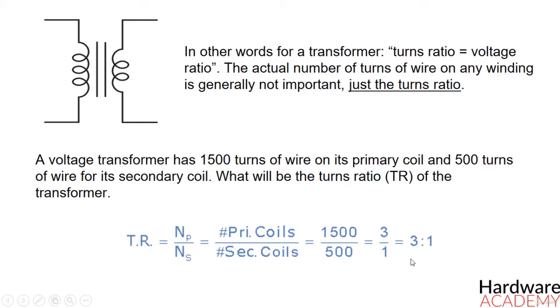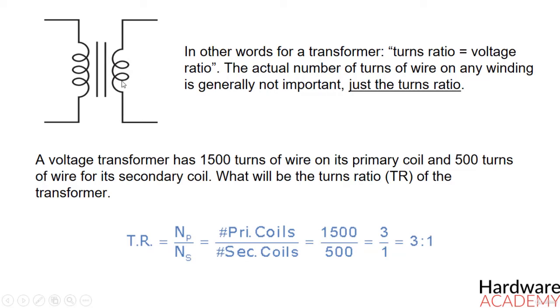And what does this turn ratio mean to you? Well, it only means that this transformer with 3 to 1 ratio will be a step-down transformer. So the voltage on the secondary coil will be 3 times less than the voltage on the primary coil, right?